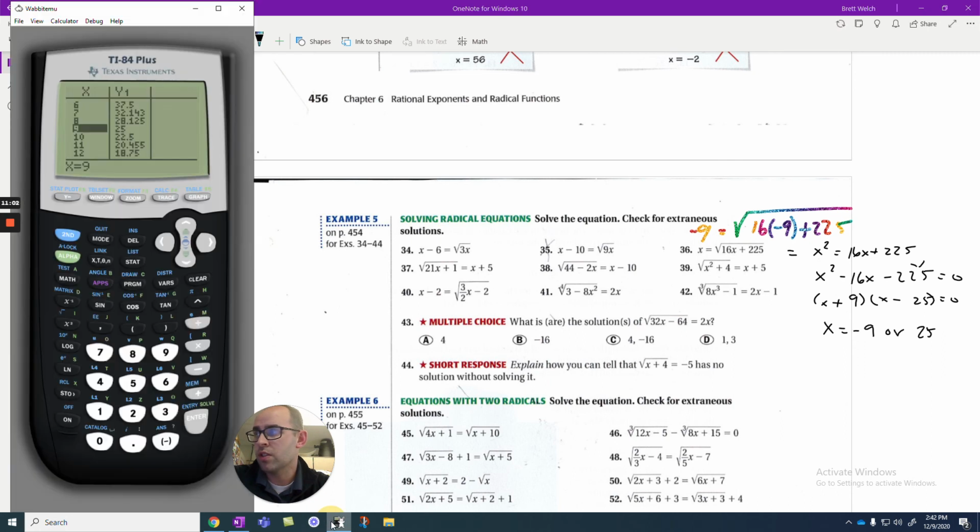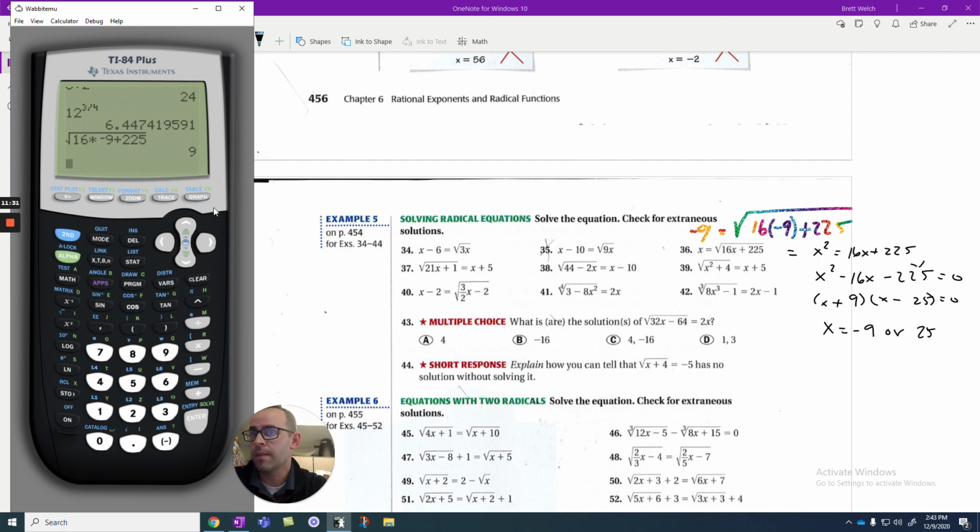Well, I need to know what the square root of 16 times negative 9 plus 225 comes out as. It's 9. But there's a problem, because it's not supposed to be 9. It's supposed to be negative 9. So that negative 9 is a throwaway answer.